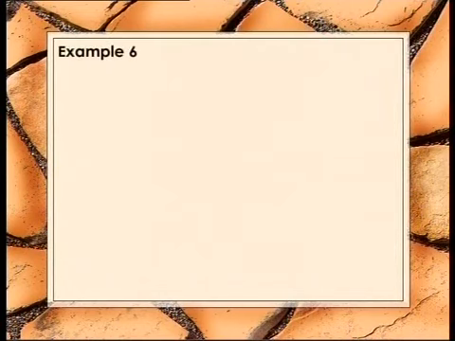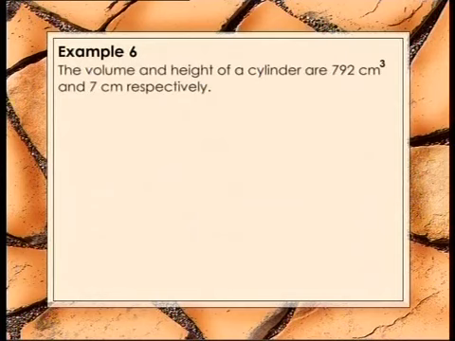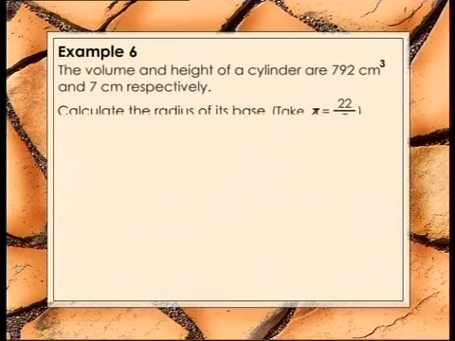Example 6. The volume and height of a cylinder are 792 cubic centimeters and 7 centimeters respectively. Calculate the radius of its base. Take pi equals 22 over 7.